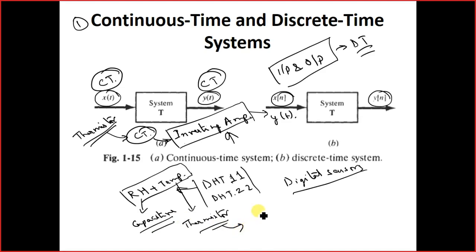Yes, these are continuous time sensors, but post processing, after the measurement is sensed by the capacitive sensor and the thermistor, we have an analog to digital converter inbuilt within these DHT11 and DHT22 sensors, and they convert the analog signals, or the continuous time signals, into discrete time signals.